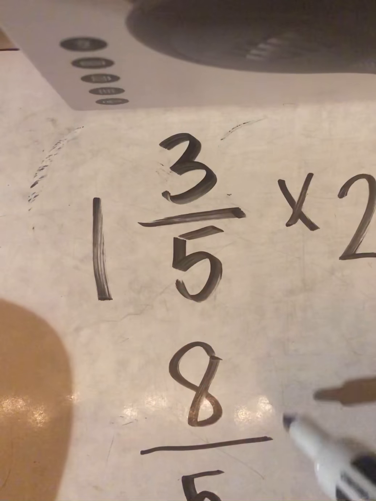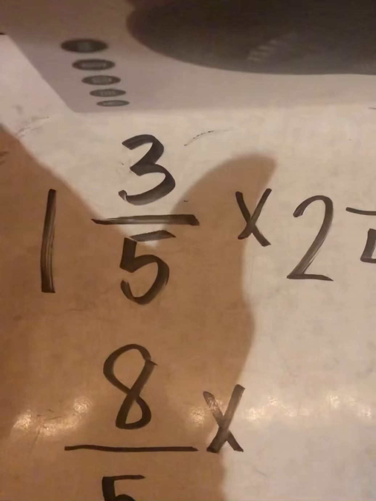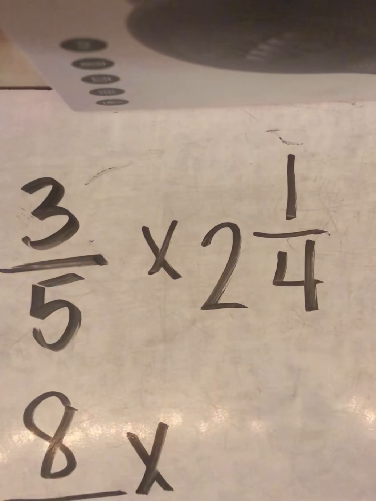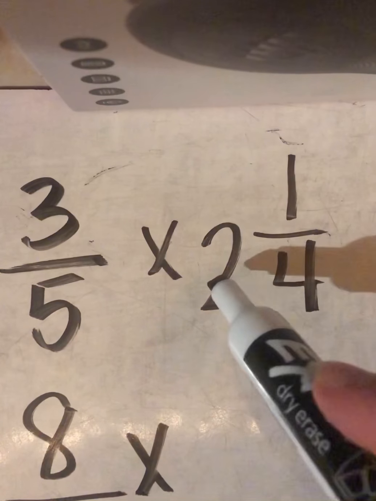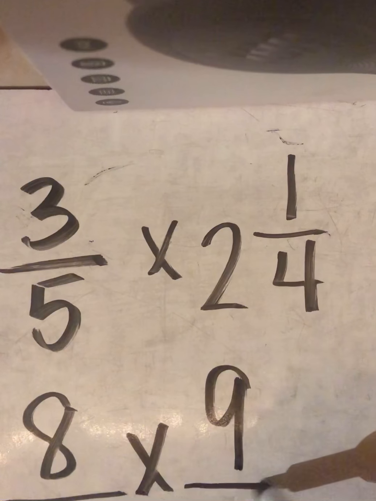Okay, times 2 1/4, but 2 1/4 is not an improper fraction, therefore I'm going to change it into an improper fraction, and I do so by multiplying 4 times 2, which is 8, plus 1 is 9, and I get 9/4.